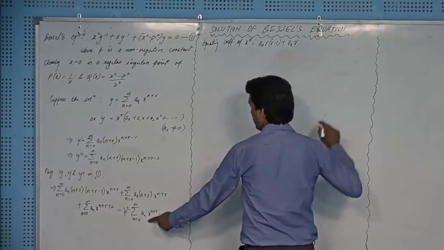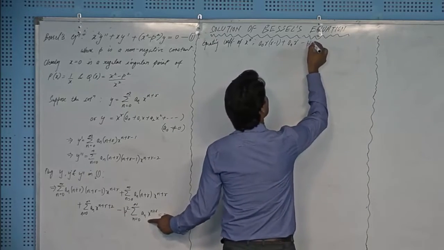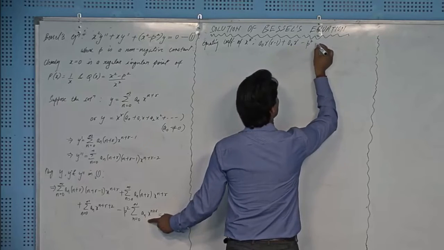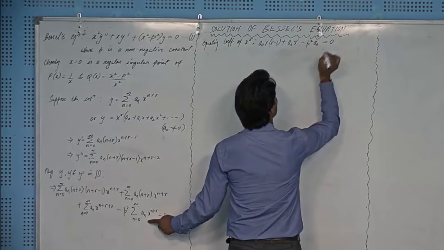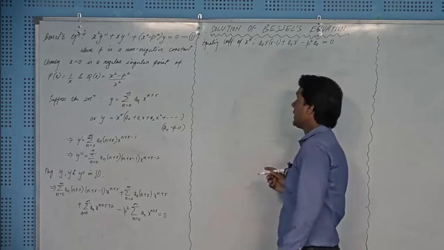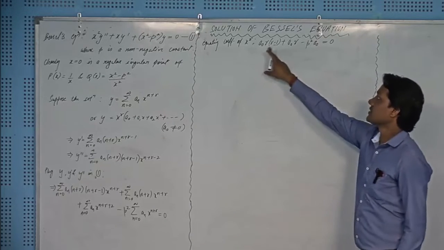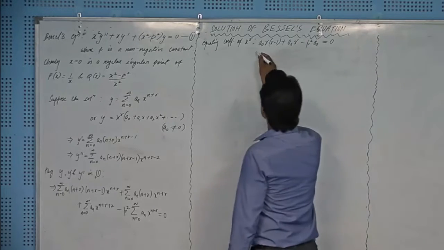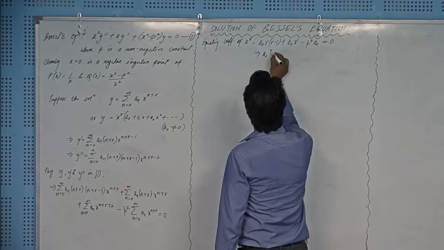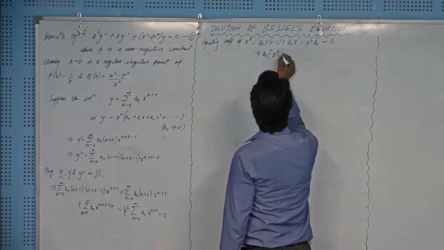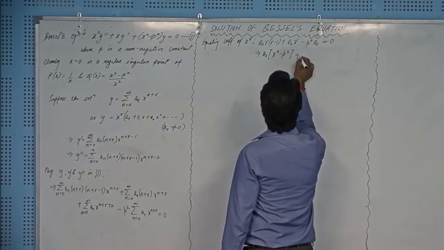Going to the fourth term, minus p square a naught equal to 0. At this point, you can take a naught common, and inside the bracket we will have r square minus p square equal to 0.